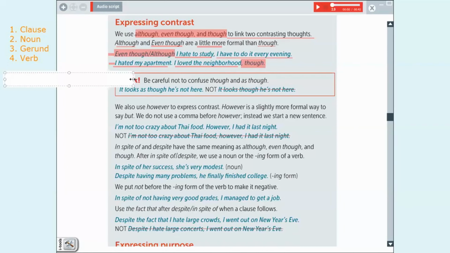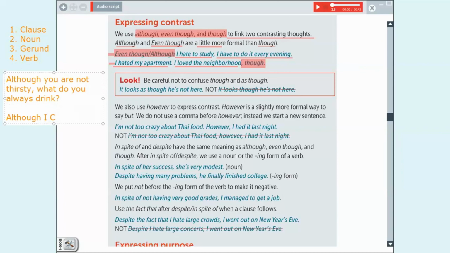Let me try with this question. Although you're not thirsty, what do you always drink? So we need 2 sentences or 2 clauses. You can use the linker, the first clause, and then your answer. We know that the linker is although, so we can go with that one. Although, how can you continue?